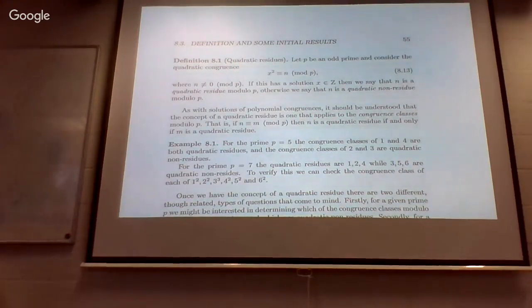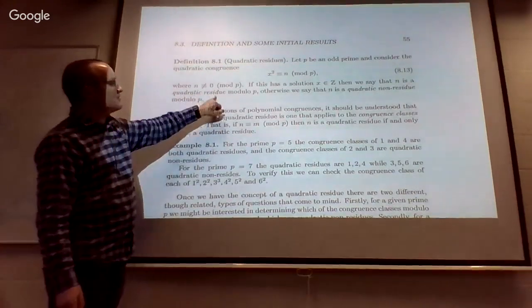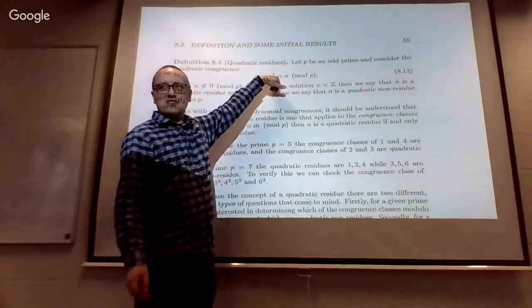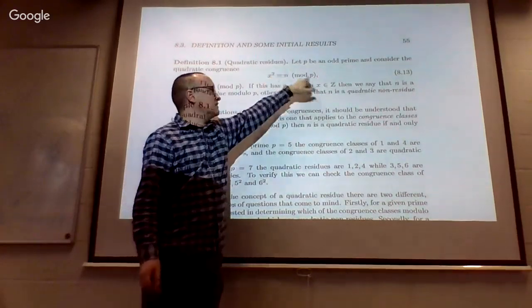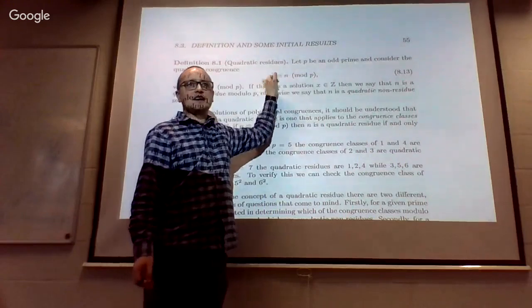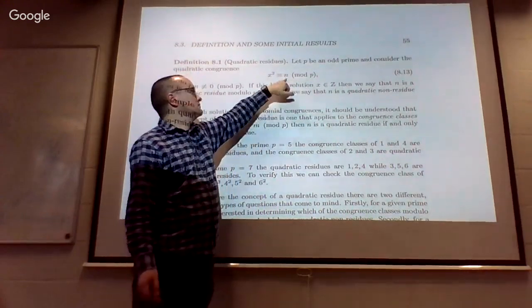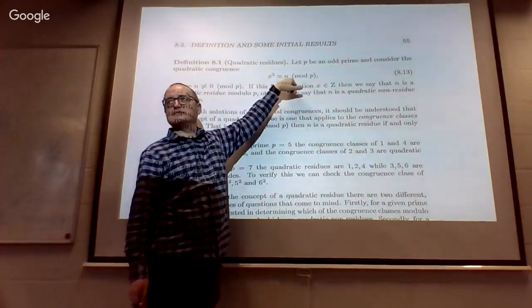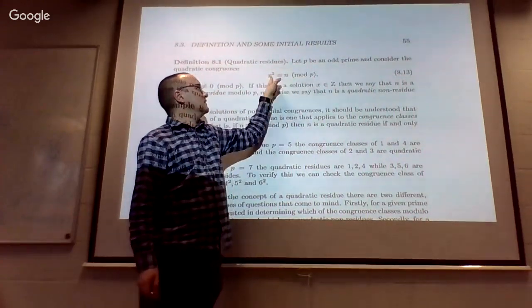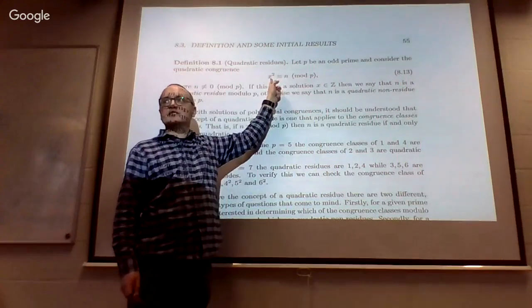So when we say it's a quadratic residue, we mean it's left behind after you do a quadratic operation on something and you divide it by p. It's the remainder after you divide x squared by p. So n is left behind after dividing something that you've squared.